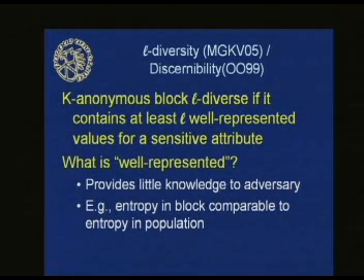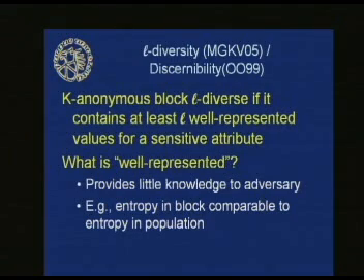Say if I were to look at gender of the incoming freshman class in computer science, and I insisted that to have this anonymity factor, any block had to have an even distribution between men and women.